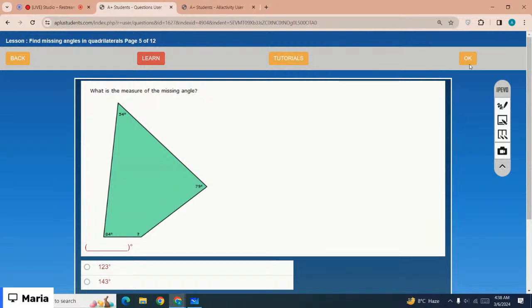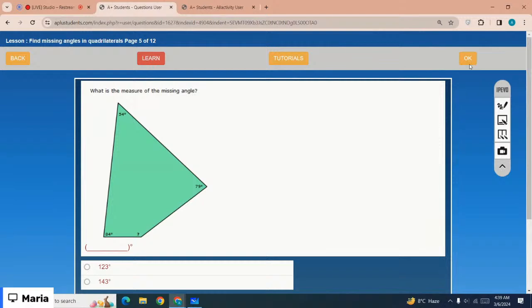What is the measure of the missing angle? So which is the correct option? Okay, let's just do the calculations. 54 plus 79 plus 84, that is 217, and 360 minus 217 is the correct option.